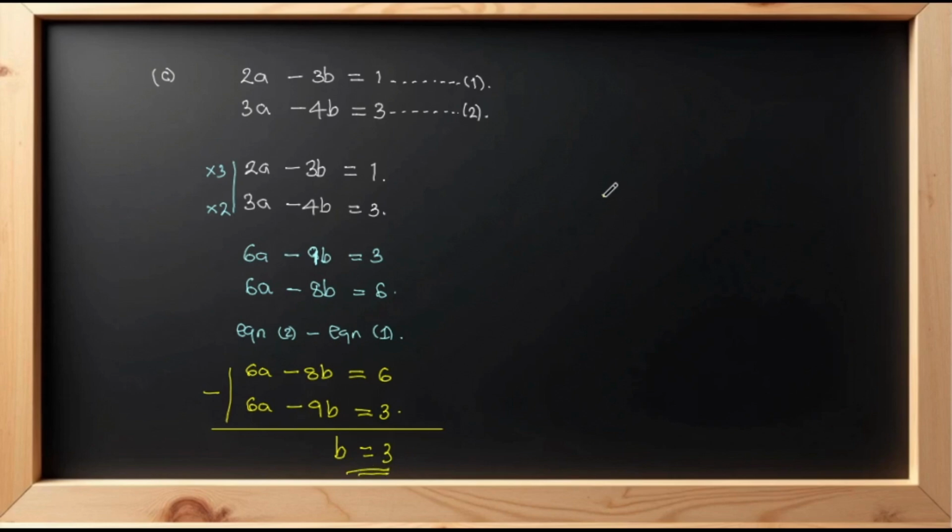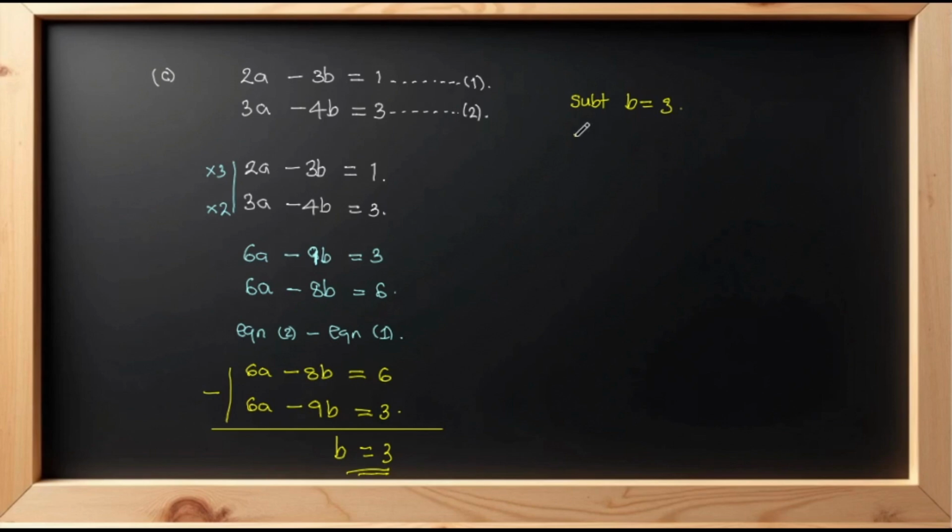So we can go ahead and substitute into any of the simplest form of this equation. I think equation number 1 here seems to be simpler. So let's substitute the value of b in equation number 1, and this value is 3.